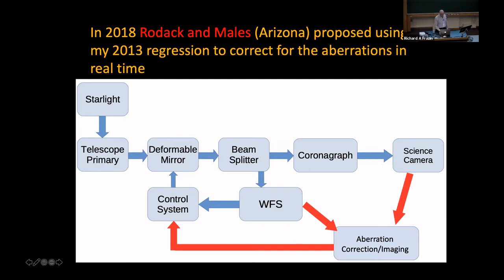And so they proposed this flow chart, where you take the science camera and wavefront sensor data streams and feed them to a regression and compensation set of algorithms, and then that feeds back into a deformable mirror to remove the speckles.